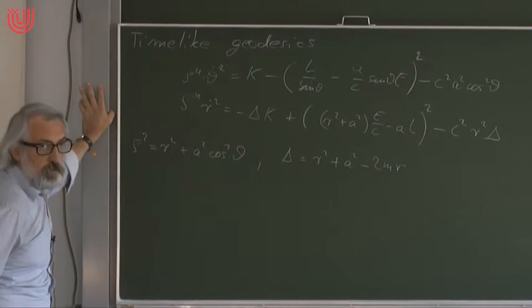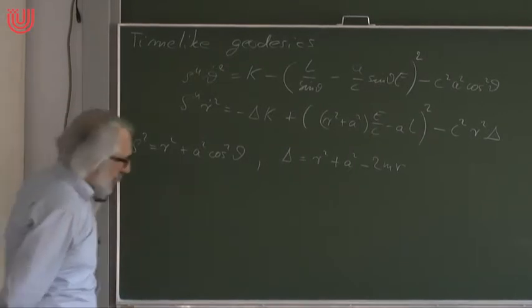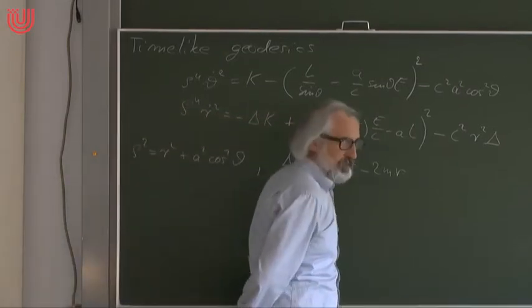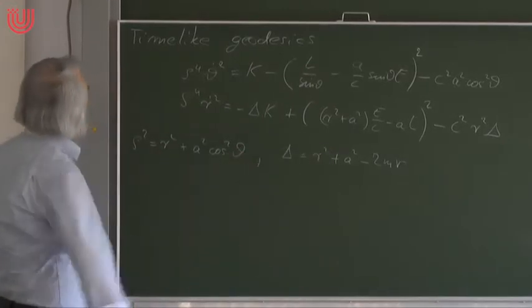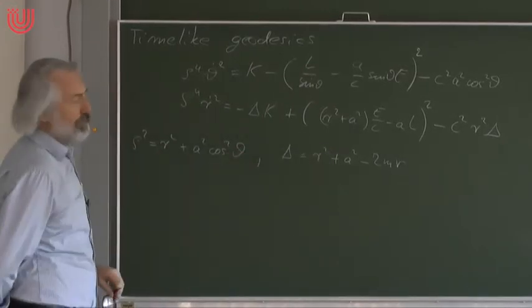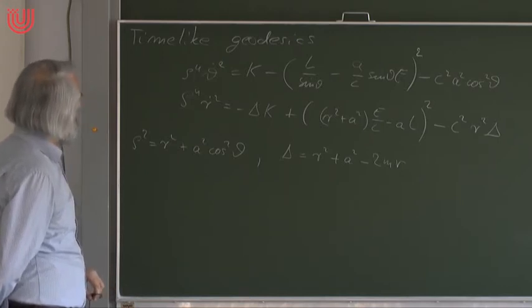Okay, and the first aspect of the time-like geodesics I want to discuss a little bit is the question of circular geodesics in the equatorial plane. I say already in advance that I will not present the full calculations, because it would take a lot of time and they are rather awkward expressions.